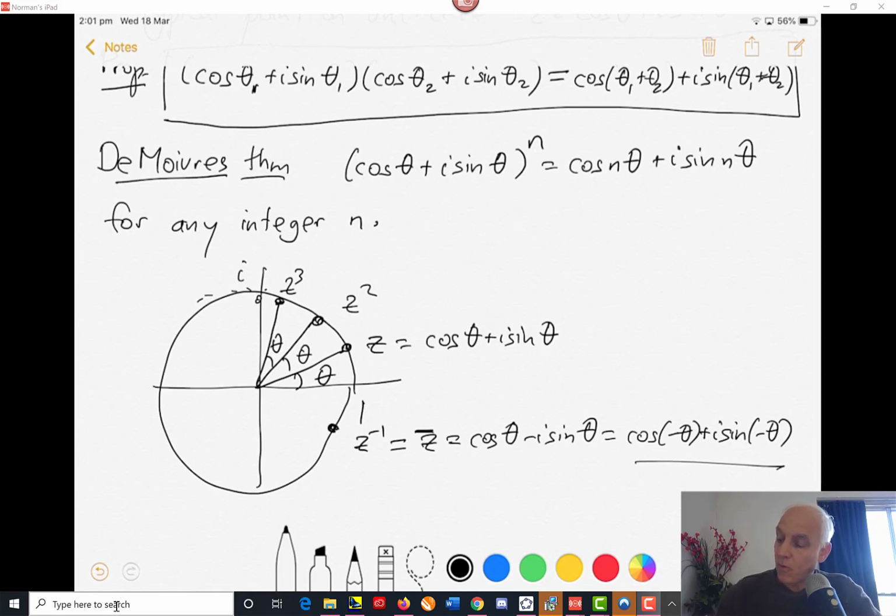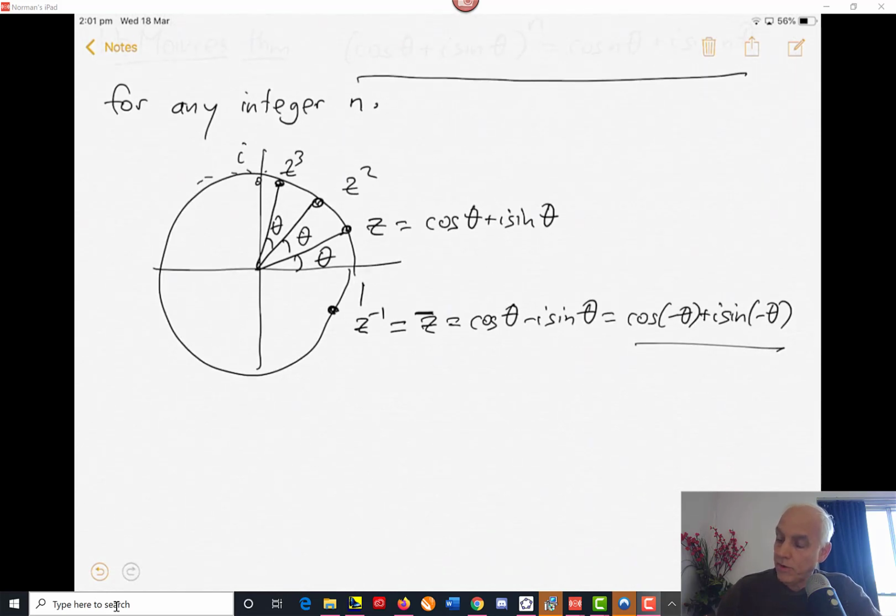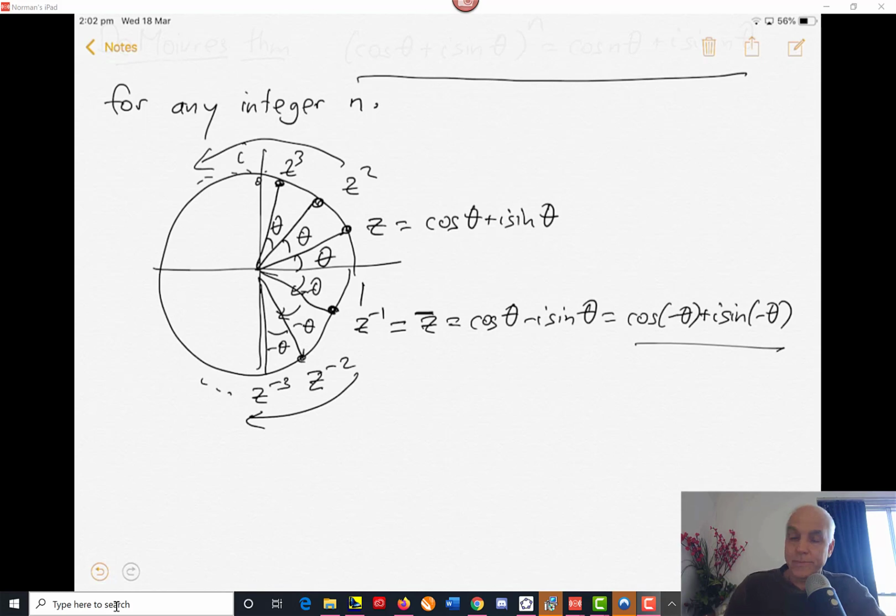If n is minus 1, then they're exactly the same. And then, for higher negative powers, we will just be going in the opposite direction. So here it is minus theta, and then here's another minus theta, and here's another minus theta, etc. So here's z to the minus 2, here's z to the minus 3, and so on. So negative powers of z march in this direction. Positive powers of z march in this direction.